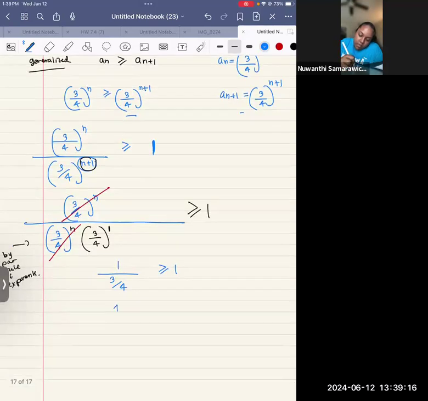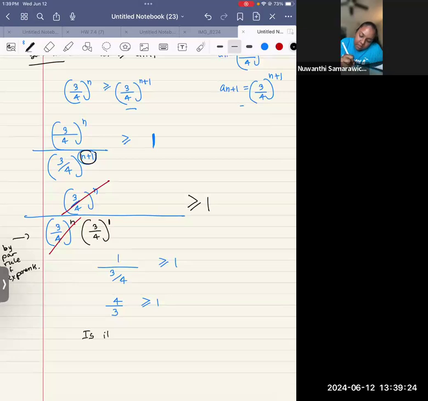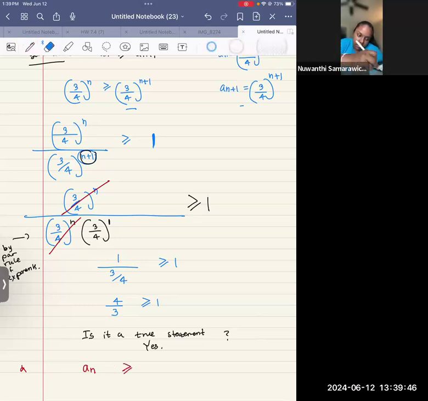So this is same as 4 over 3 greater than 1. Now you have to ask yourself whether it is a true statement. Is it a true statement? Yes, right? So it's a true statement. So then we can say a sub n is greater than a sub n plus 1, that is a monotonic decreasing sequence.